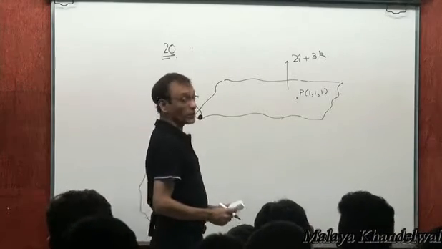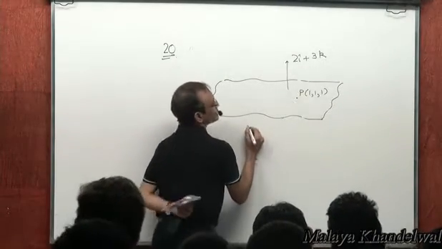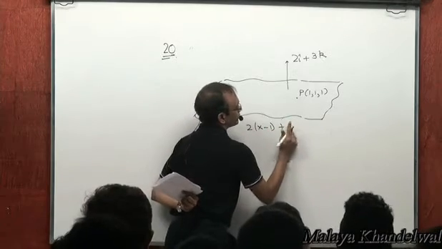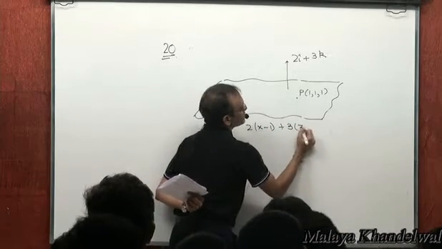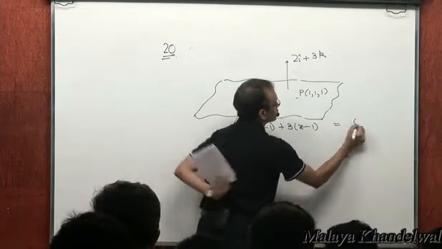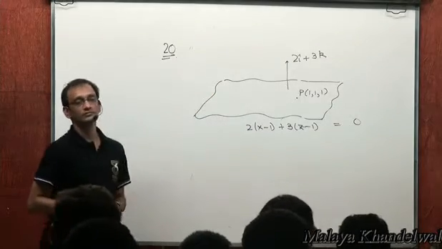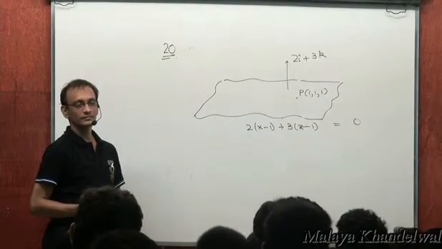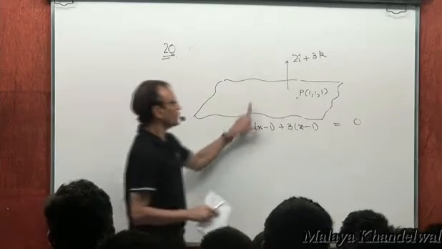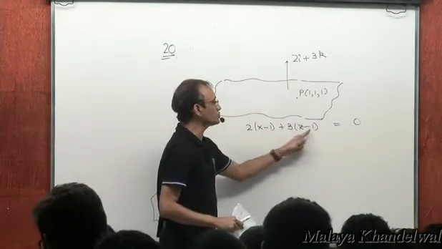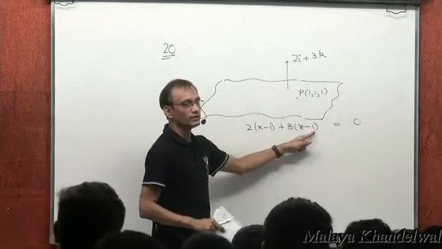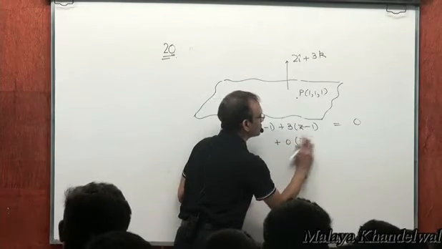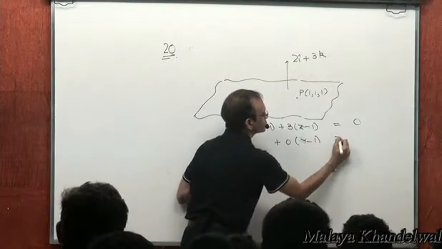Now first of all, what's the equation of the plane? Can I say that 2 into x minus 1 plus 3 into z minus 1 equal to 0 is the equation of the plane? Normal 2i plus 3k passing through x equal to 1, y equal to z equal to 1, and if you insist, 0 into y minus 1 equal to 0.